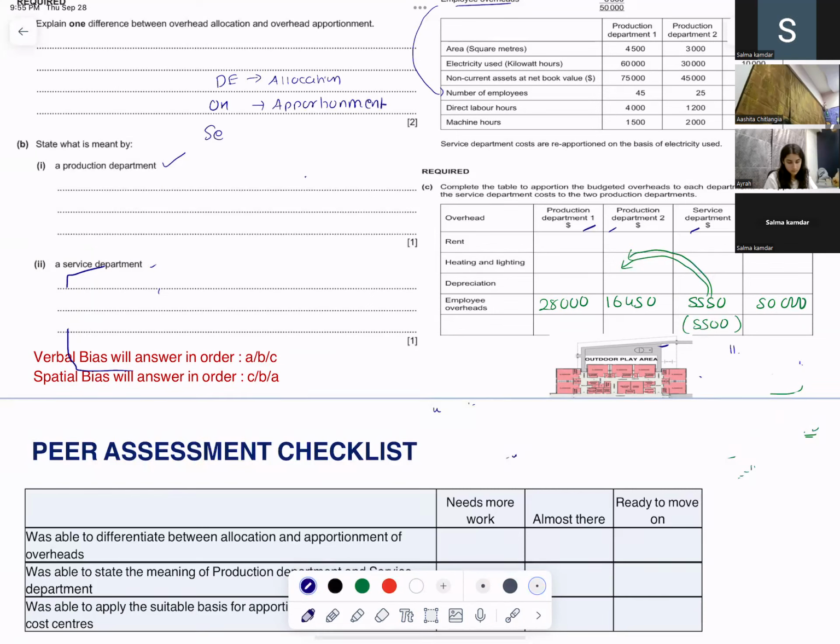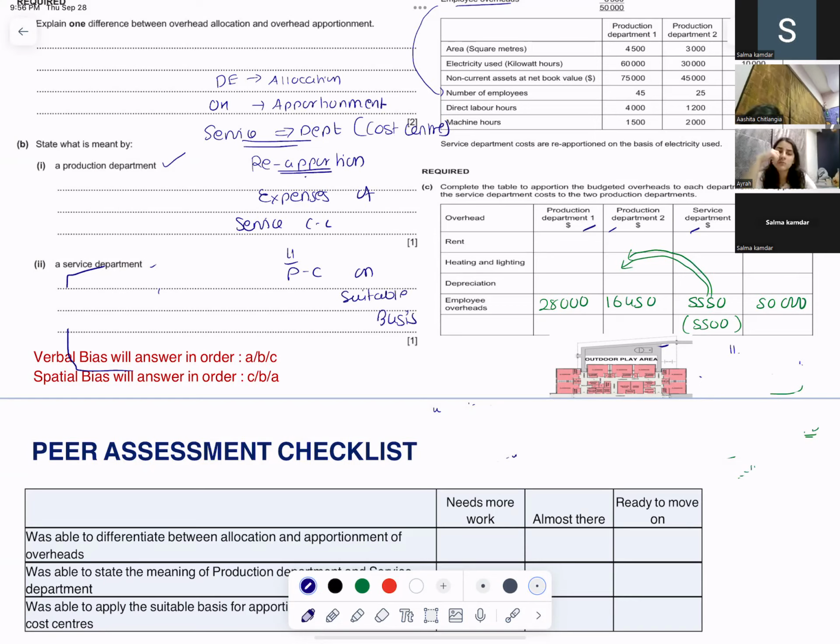Then I have a service department, a service cost center, which is not directly involved in selling. So what do we do? We reapportion. Understand the words that I'm using. We reapportion the expenses of the service cost center amongst the production cost centers on a suitable basis.